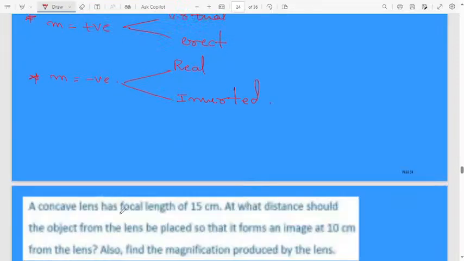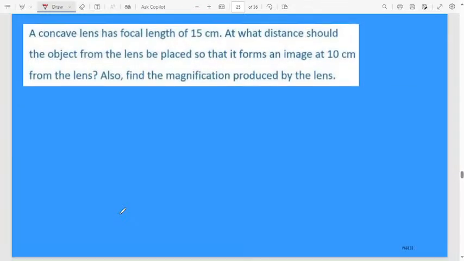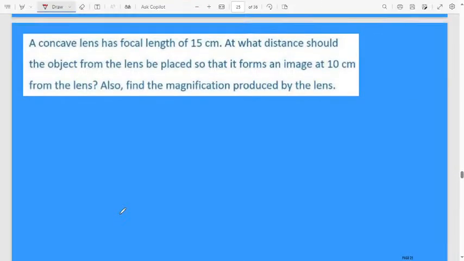Okay, let us solve a few problems based on the lens. Already I solved so many problems based on mirrors. A concave lens has focal length 15 centimeter.